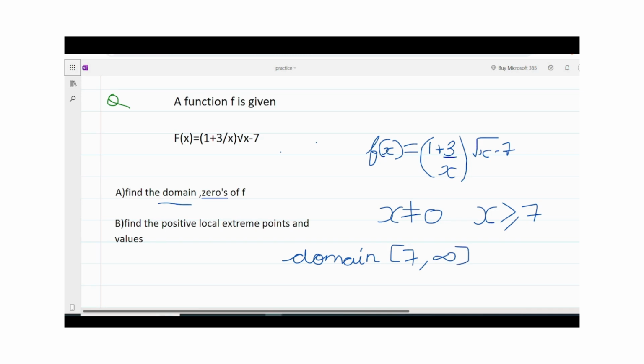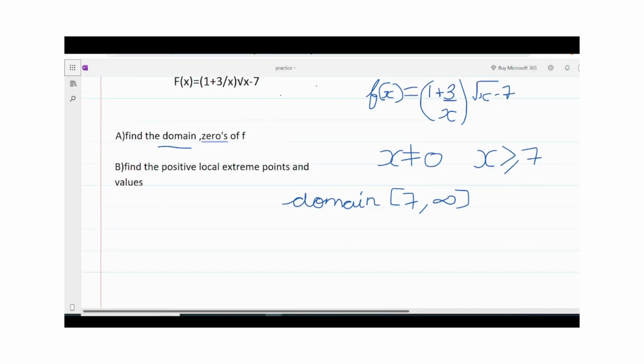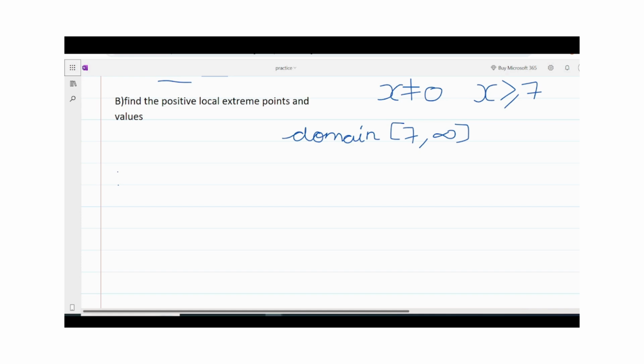Alright, and now we need to find the zeros. So for zeros, what are we going to do? We are going to put f of x to be equal to 0, in order to find the zeros of f.